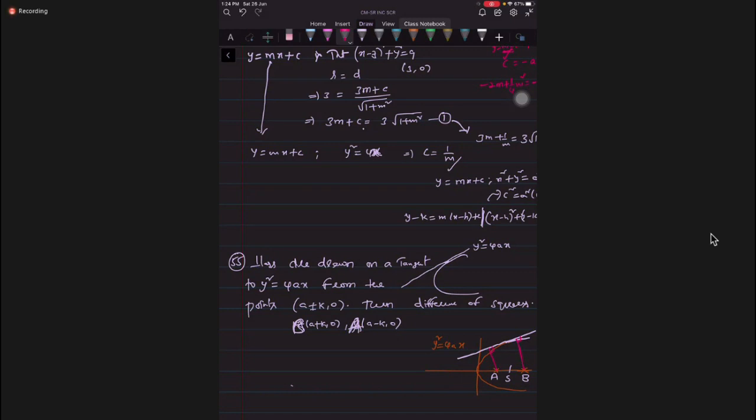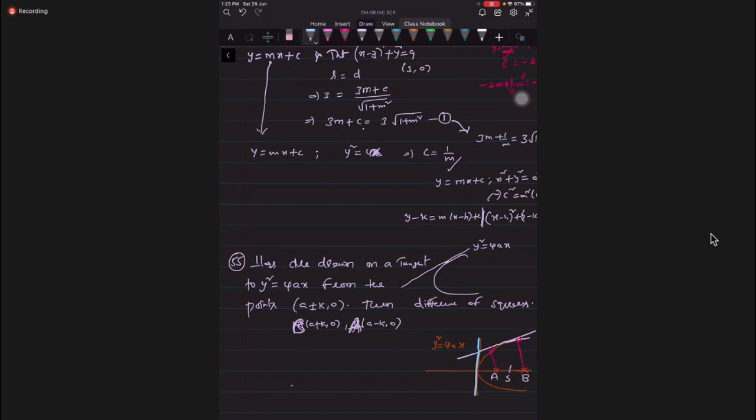We find the equation of the tangent. At one particular point we have to find, no? The point we don't know, right? You can just take the point as at square comma 2at. This is also a tangent only, no, students?